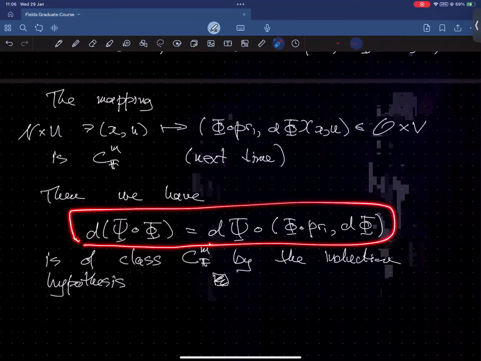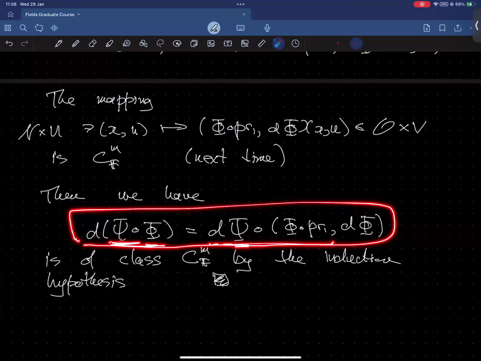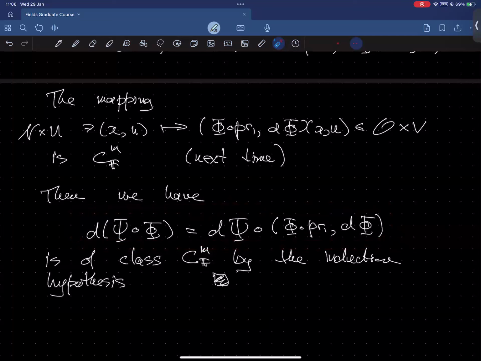Then by looking at each of the elements that you're composing, you can maybe prove what you need to prove about that. It's a useful tool that shows up all over the place in this analysis.